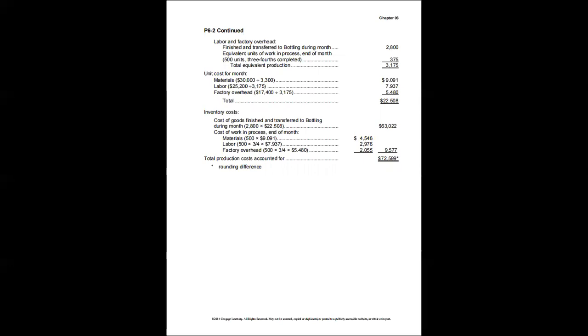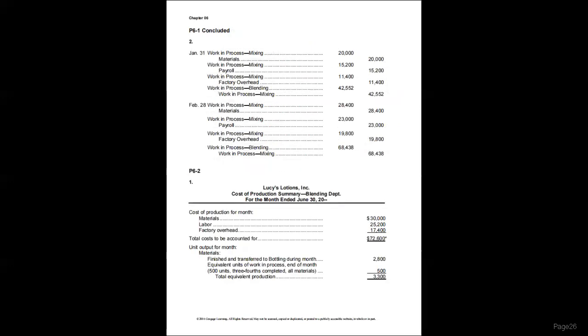So the total equivalent production is 3175. For the unit cost, we are now dividing the cost for the month by the equivalent production. So we get a cost per unit of 22.508. For the inventory cost of goods finished and transferred to bottling for 2,800 units.